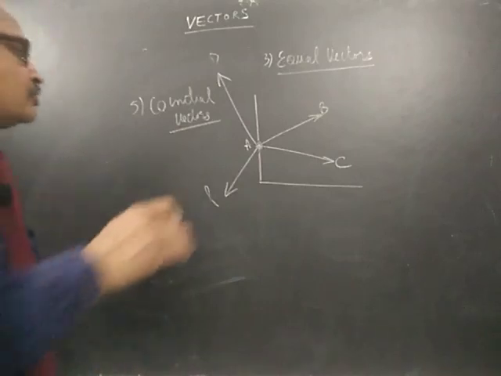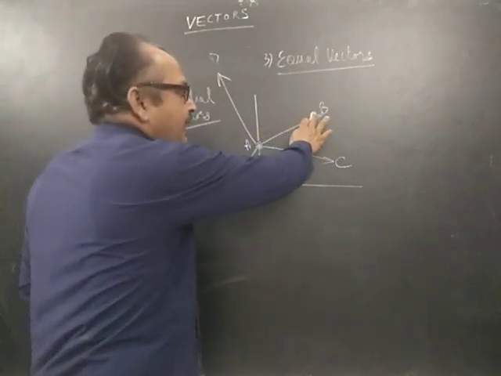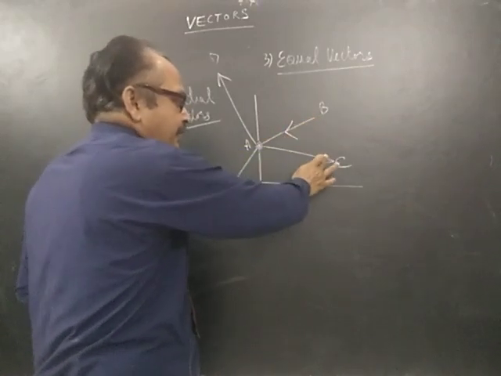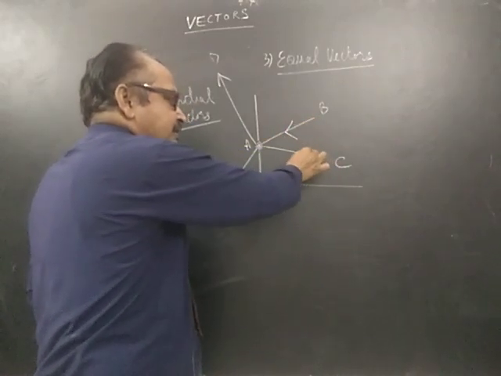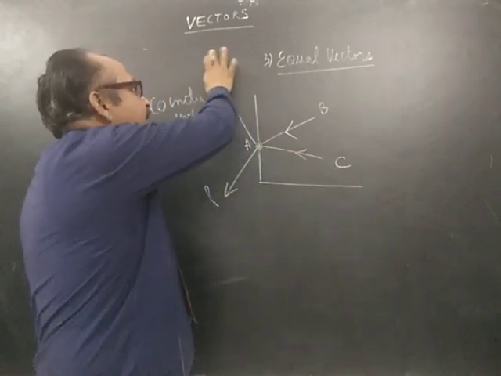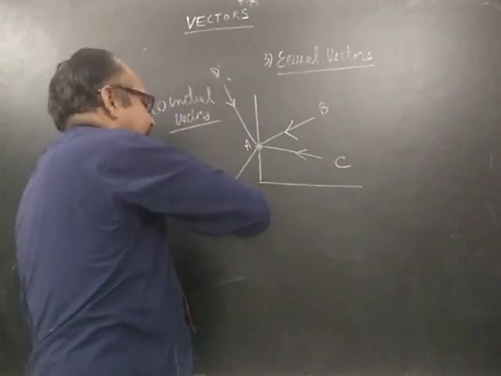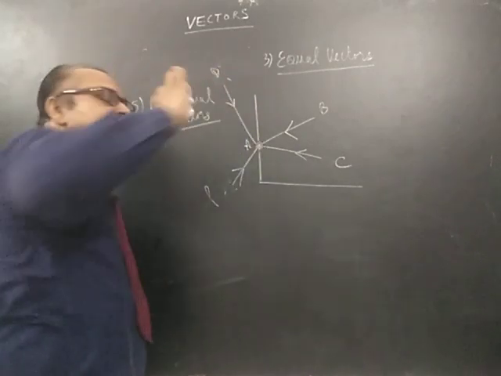Now suppose I talk about a different type of vector, let us say BA, let us say CA, let us say DA, and let us say PA.